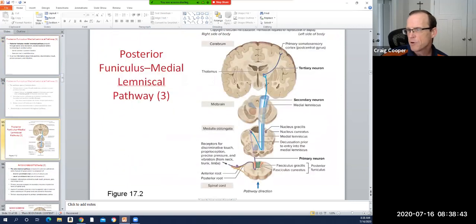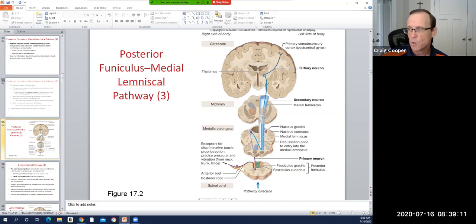So here's a picture of the cuneatus and the gracilis pathways. We've got our sensory information coming in from the body, whichever region it is. The first neuron is going to be in the posterior root ganglia. Its axon is going to continue into the spinal cord and then go on up. If you look over to the left, this second section from the bottom is trying to show you the medulla.